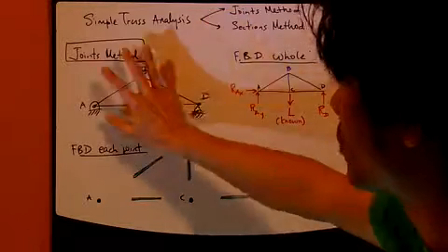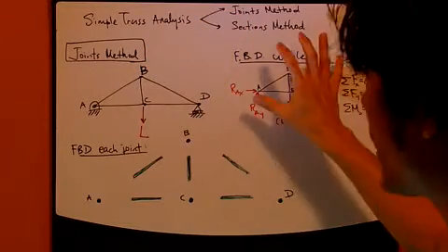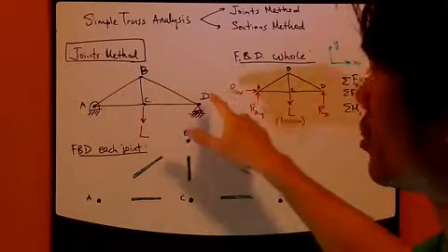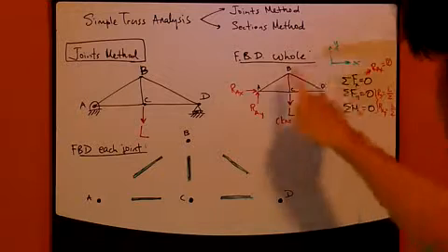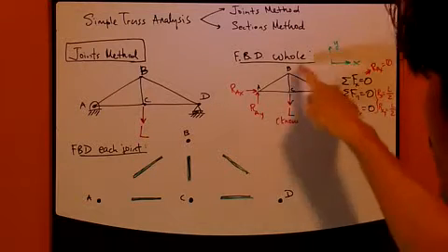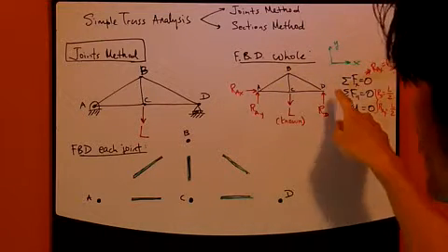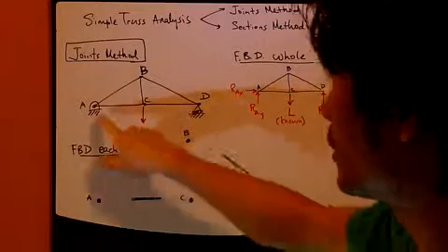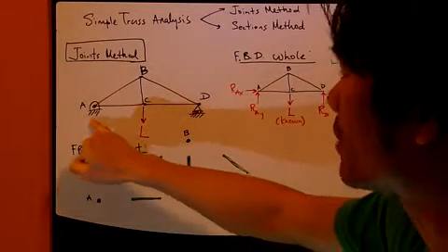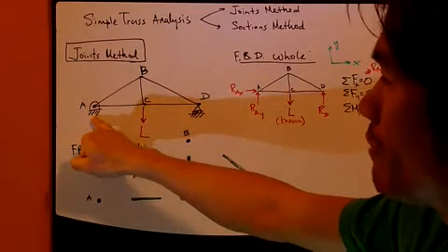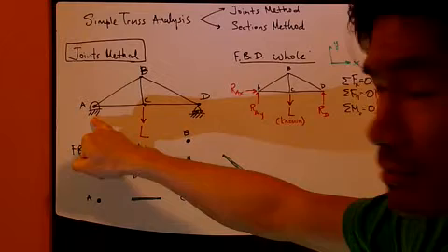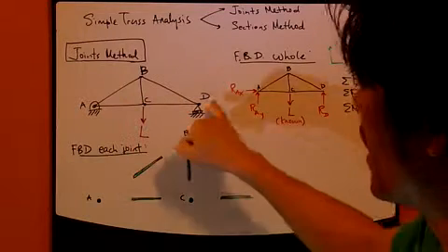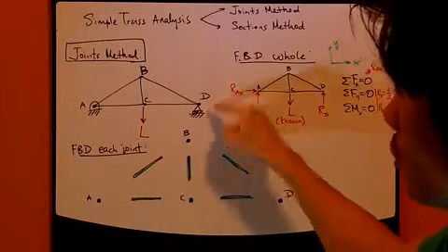First thing I would do is draw a free body diagram for the entire truss, the whole truss. So you draw the truss and label them. Don't draw the attachment. In this case, this attachment on the left is a joint, and this one on the right is a roller.